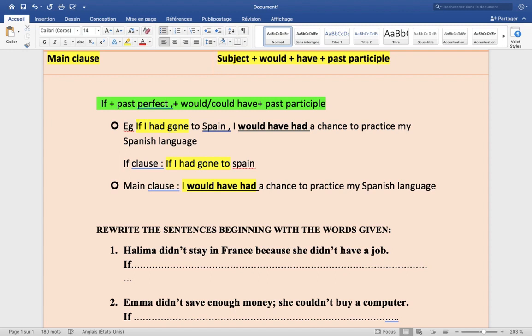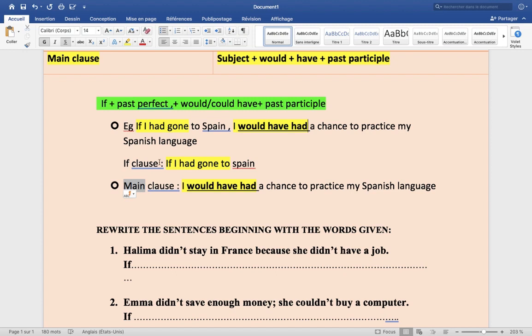If I had gone to Spain, I would have had a chance to practice my Spanish language. But in reality, he didn't go to Spain, and he didn't practice his Spanish language. Is this clear? So he didn't go, and he didn't practice the language.